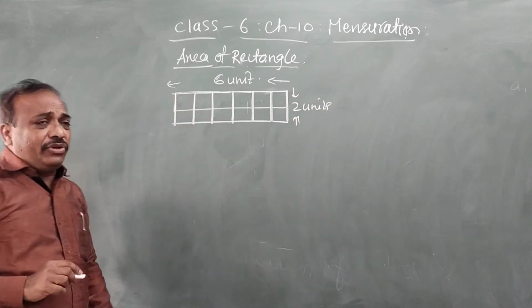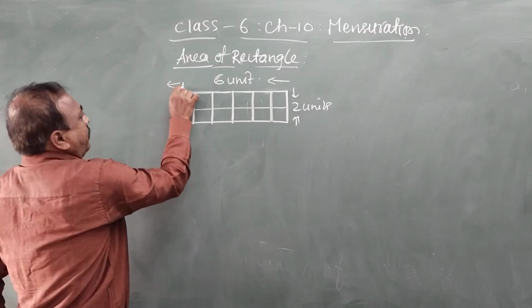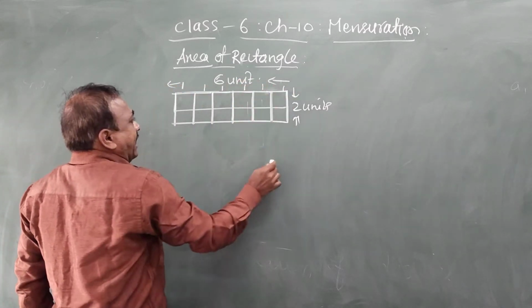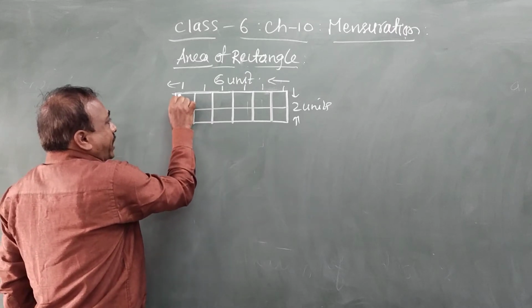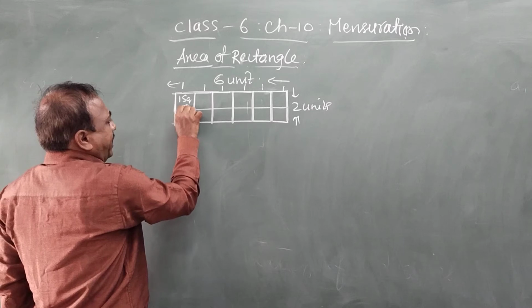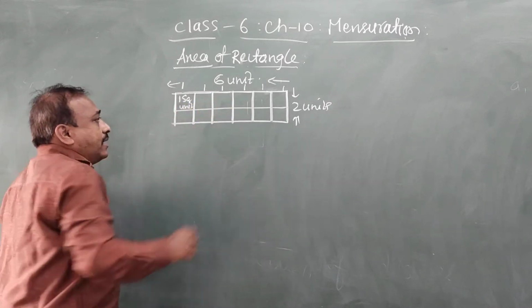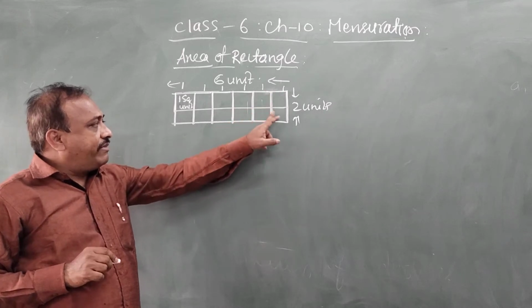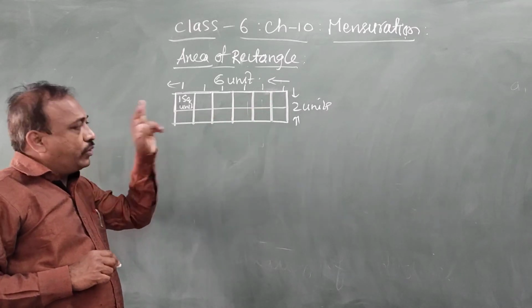Now you see each one is 1 unit by 1 unit, so this is 1 square unit area. Like that, how many do we have? 1, 2, 3, 4, 5, 6, 7, 8, 9, 10, 11, 12.